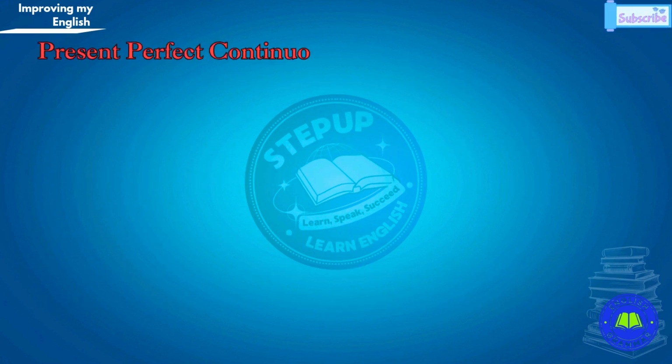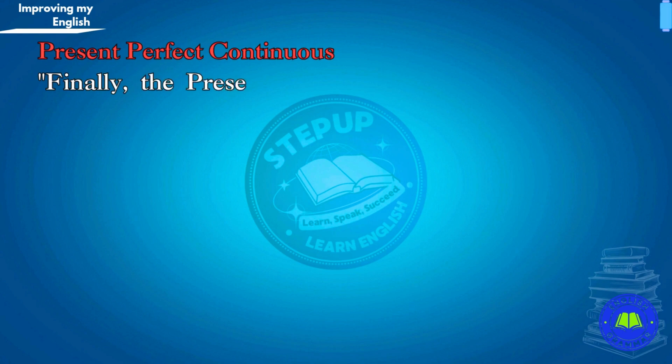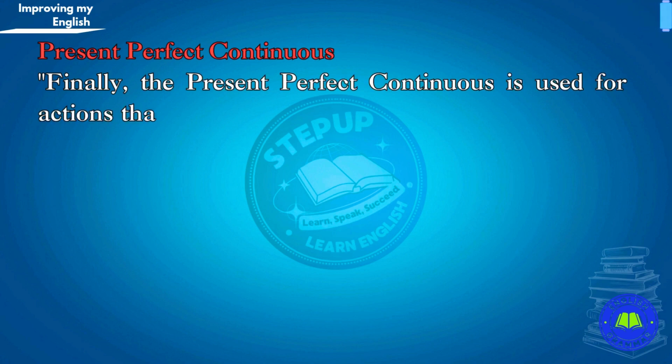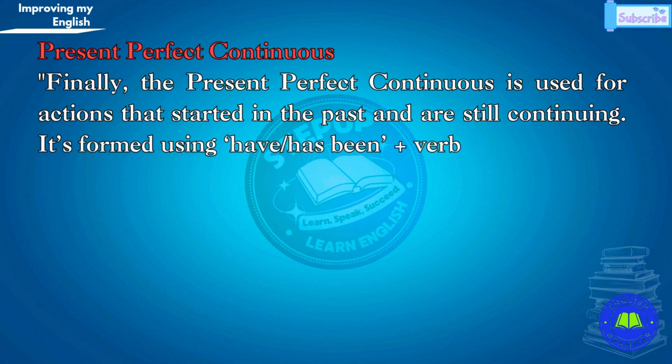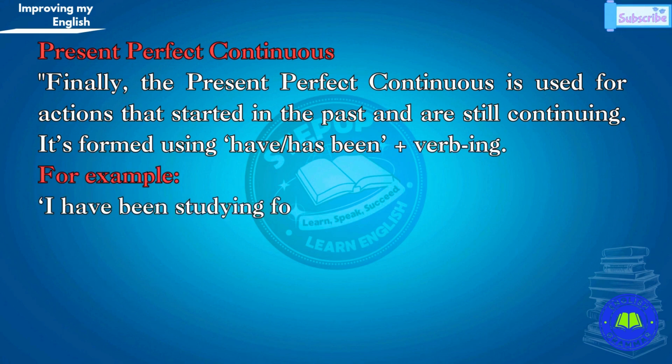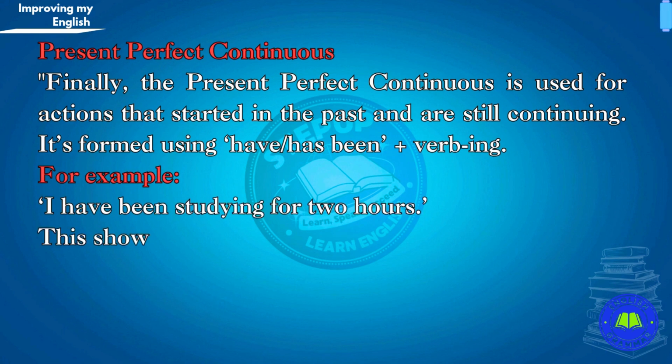Present perfect continuous. Finally, the present perfect continuous is used for actions that started in the past and are still continuing. It's formed using have been or has been, plus verb-ing. For example, I have been studying for 2 hours.